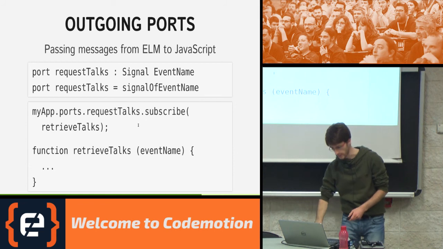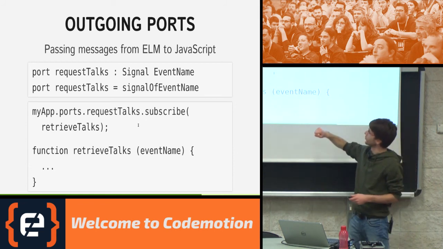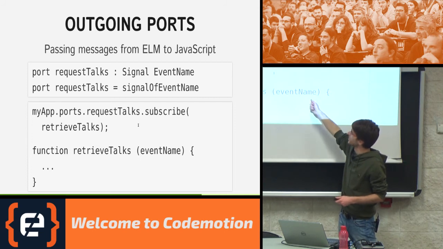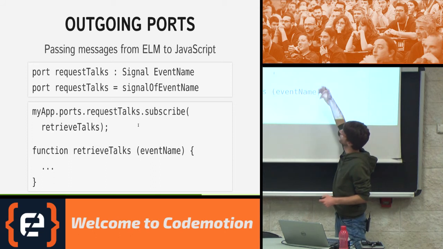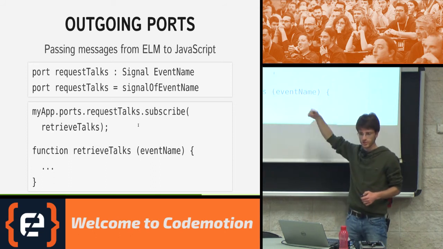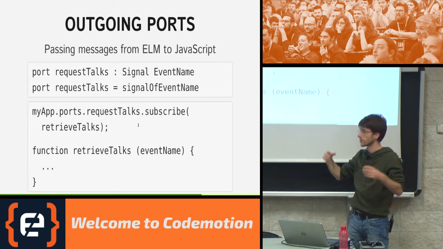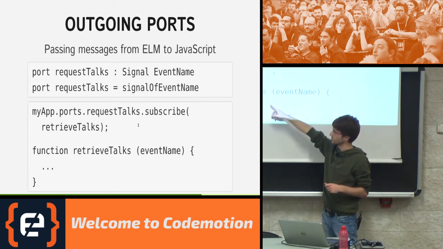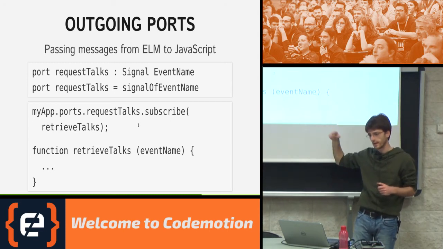And to do this, in JavaScript we just subscribe to this Elm signal. So whenever the Elm signal changes its value, so maybe with a new string that is the URI we want to call, in JavaScript we just register a callback that will be called whenever the signal value in Elm changes.